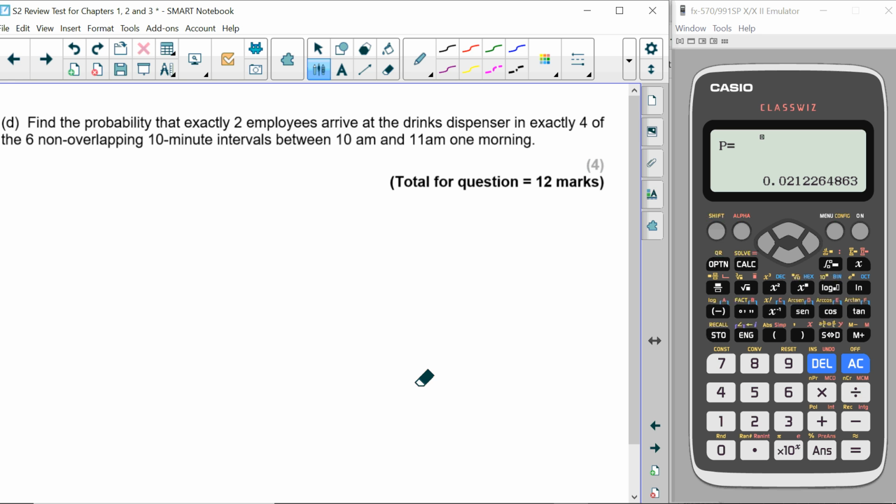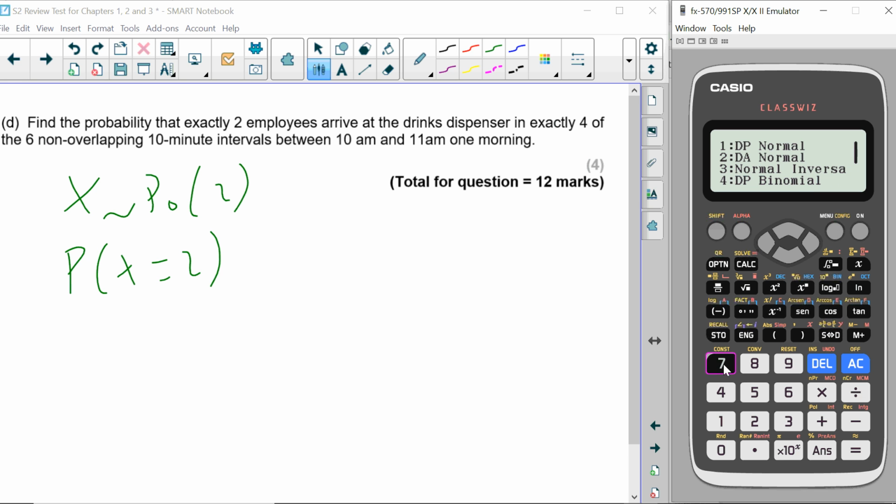Now, we're back to looking at the 10-minute interval, so we're back to X being Poisson distributed with 2. If I work out the probability that X is equal to 2, first of all, using the calculator, menu 7, I'm looking at the DP Poisson probability distribution. So I've got 2 there, 2 there.